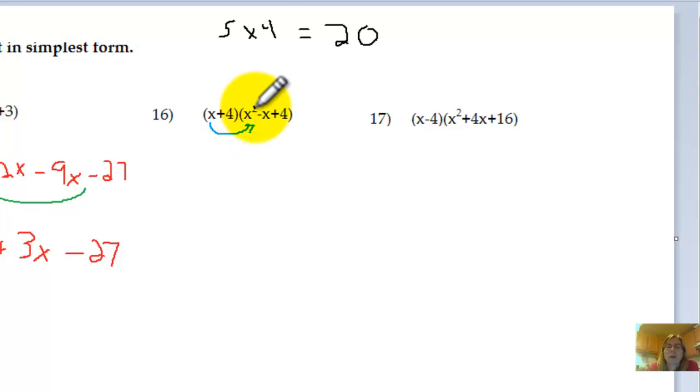So x times x squared is x cubed. And then x times negative x, that's a negative 1x, will be a negative x squared. Then we're going to take this x and multiply it by this positive 4, which will be a plus 4x.